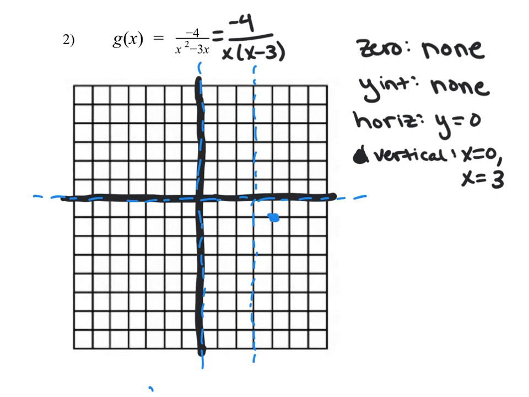So that gives us that point right here. To the left of our leftmost asymptote, we can do the same thing. If we plug in negative 1 for x, then we get negative 4 over negative 1 times the quantity negative 4.